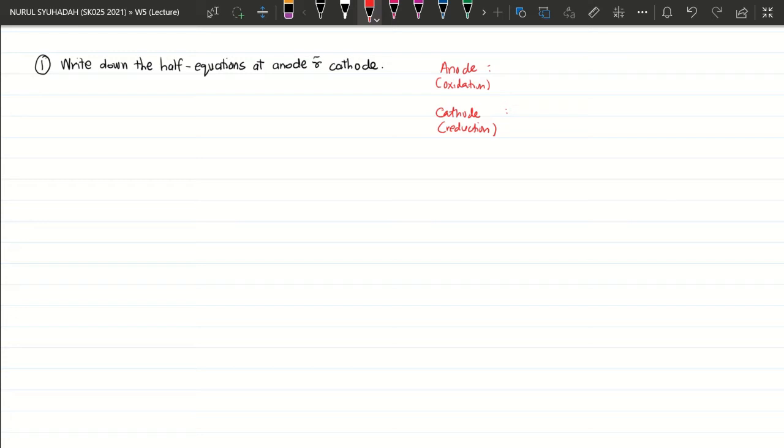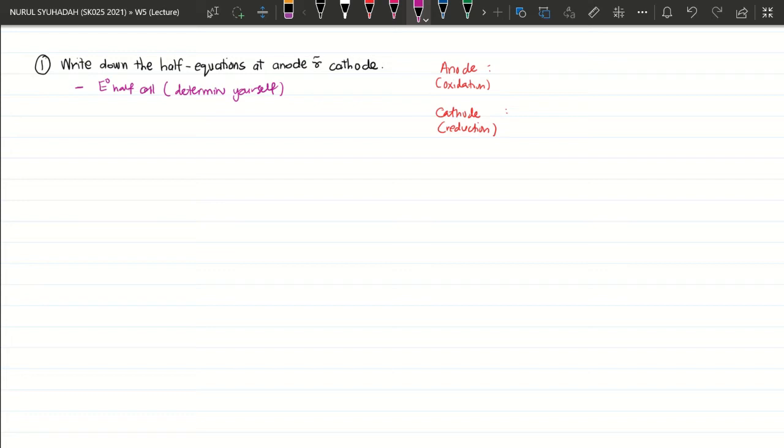There will be 2 types of question. One, I do it in purple color: either you find it from the value of the E0 half cell. This one you need to determine yourself. For this one, the question will give you the E0 half cell and then you determine: the more positive value will become your cathode, the less positive will become your anode.